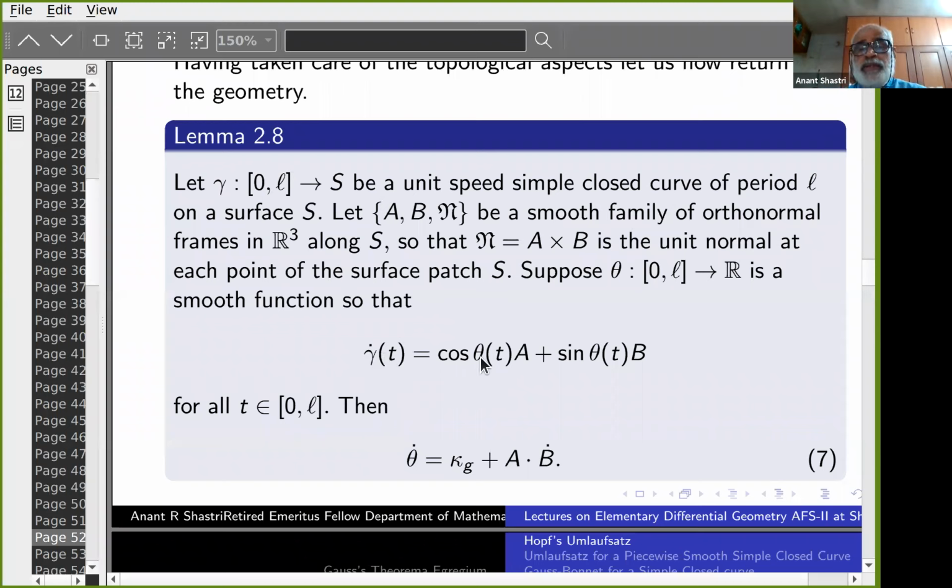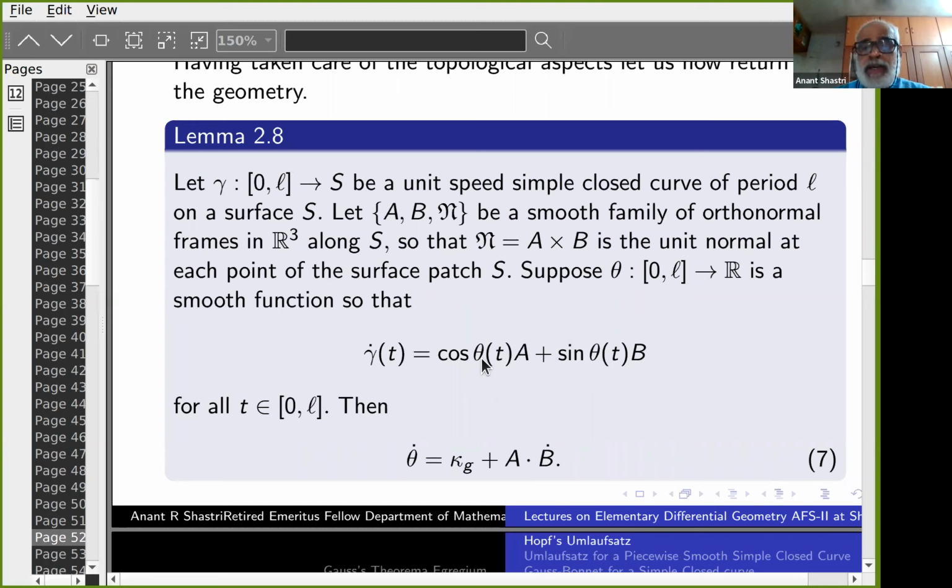Therefore, you can write it as cos theta times A plus sin theta times B. It will be a combination of A and B only because it is in the tangent space. And the coefficients must have the property that the sum of their squares is equal to 1. So we write it as cos theta and sin theta. You can write like this, no problem.